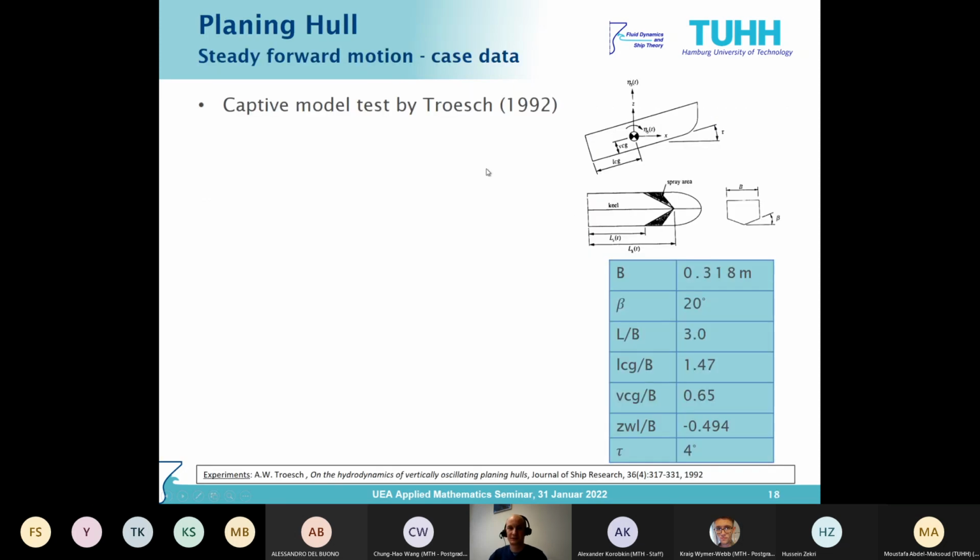Okay, so the next case I want to show you is a planing hull, where 2D+t theory is involved. What we look at is a captive model test by TUHH in the 90s, and we have a mostly prismatic planing hull that we investigate.